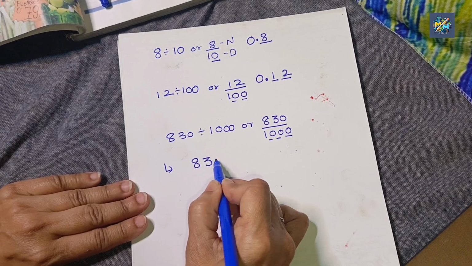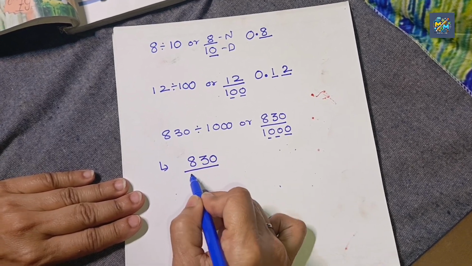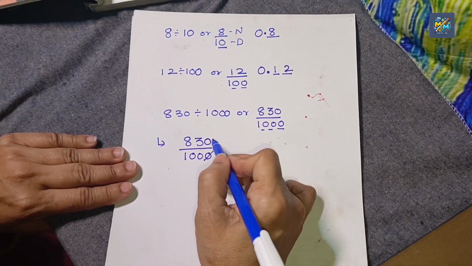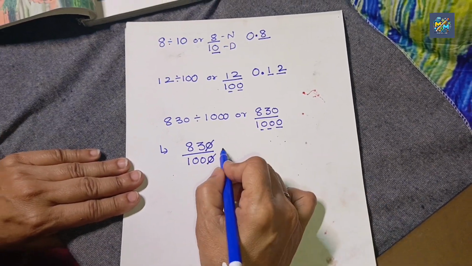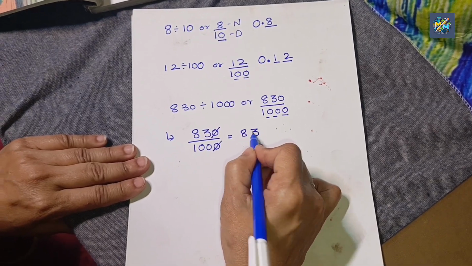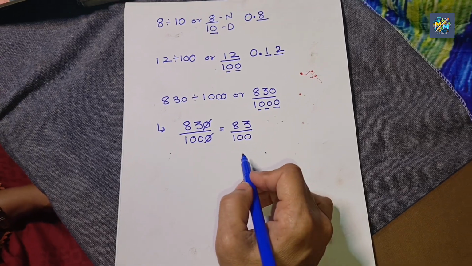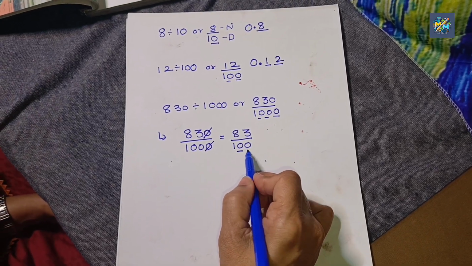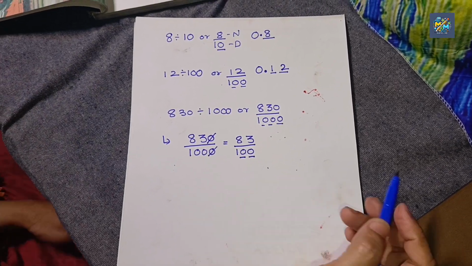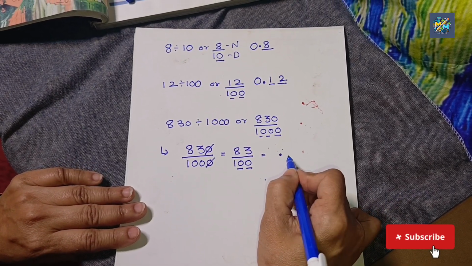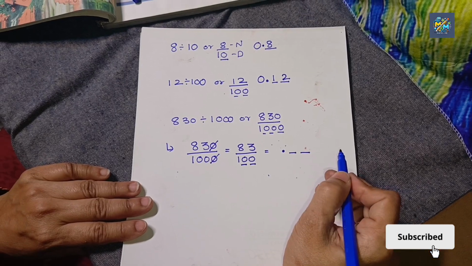I'm going to cancel this zero with this one. So what is left? 83 upon 100. Now again my vision will be on the zeros. How many zeros are here? There are two zeros, meaning a decimal and then two places.